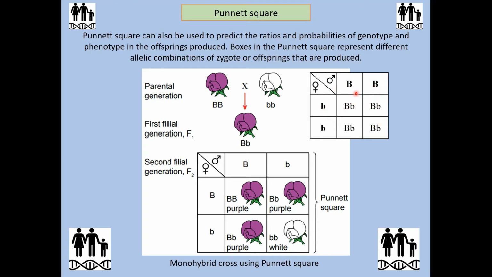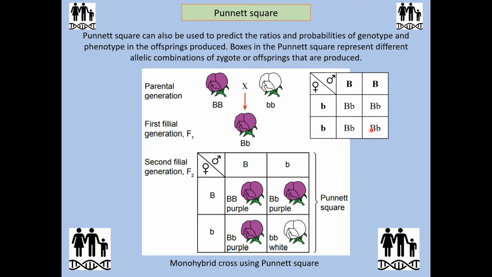When this dominant allele cross with this recessive allele, the product is heterozygous dominance. This one also heterozygous dominance. This one also heterozygous dominant, and this one also heterozygous dominant. All are big B and small b. So all the product is purple.